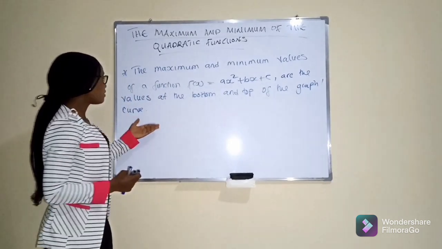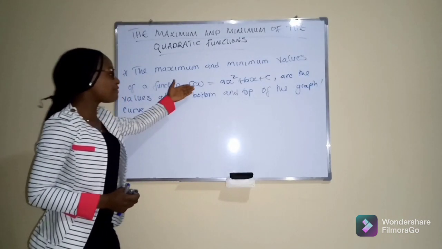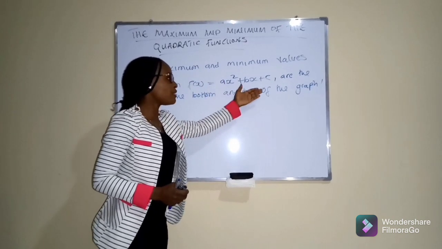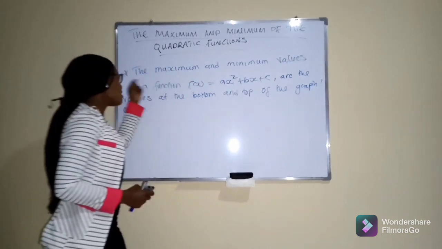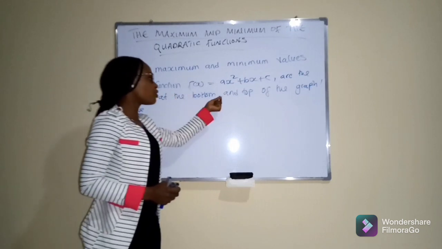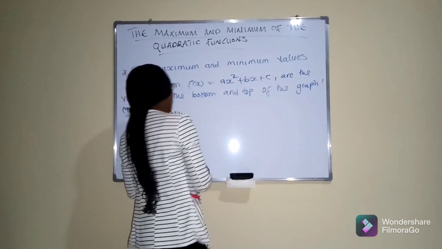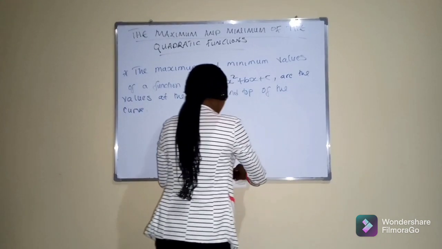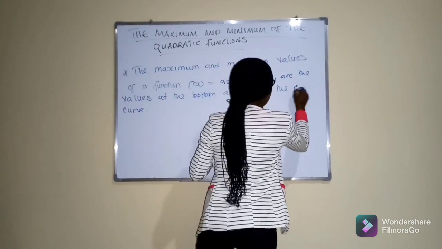So the maximum and minimum values of a function f of x, which is equal to ax squared plus bx plus c, are the values at the bottom and top of the curve. Okay, so let us just stick to the curve.